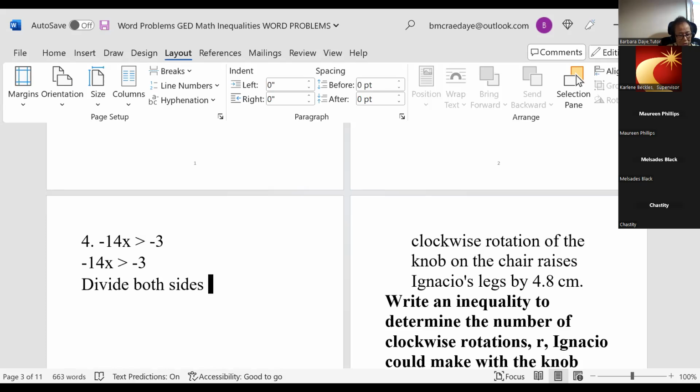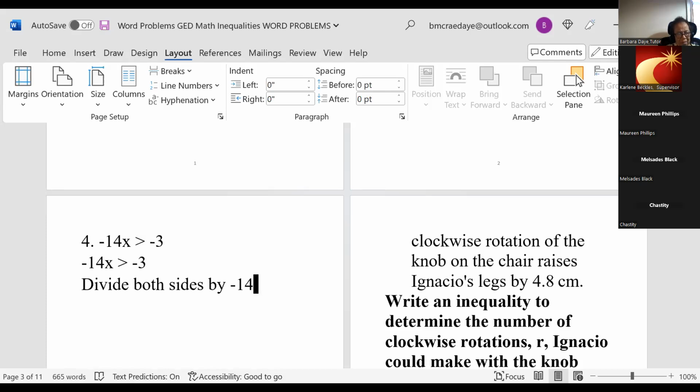So what would you divide both sides by? What's being multiplied by the x? The 14. The minus 14. So you have to divide both sides by minus 14.